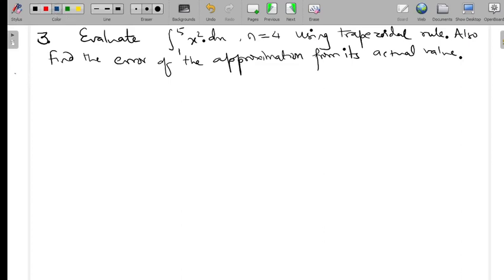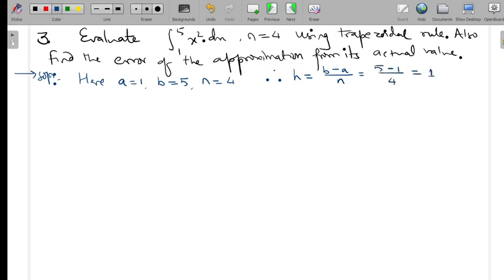Now the solution, dear students. First of all, we have to find: a value is 1, b value is 5, and n value is given as 4. And h is b minus a over n, that is 5 minus 1 over 4, equal to 1.